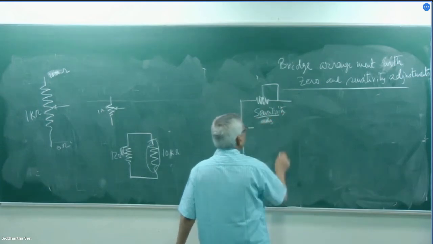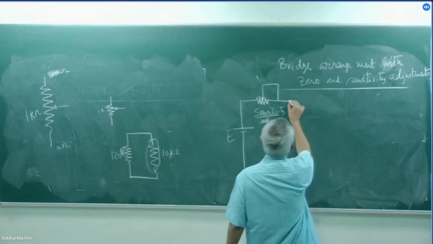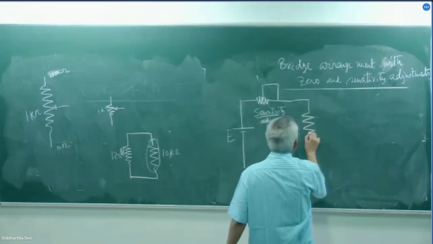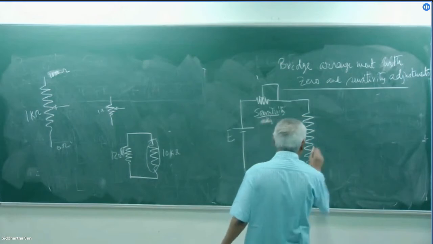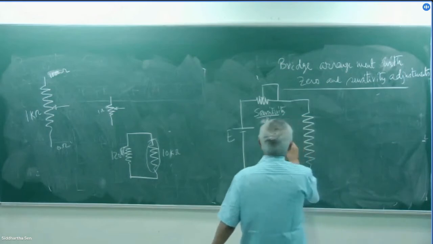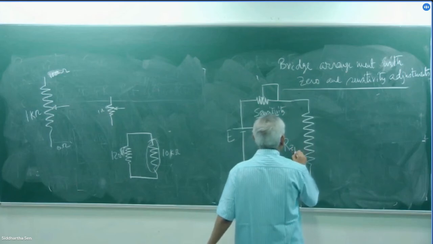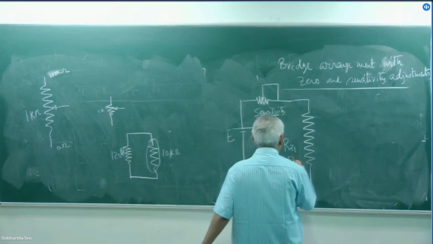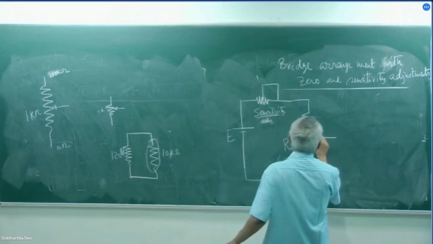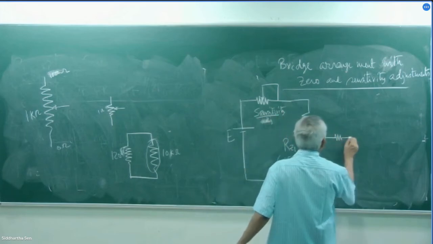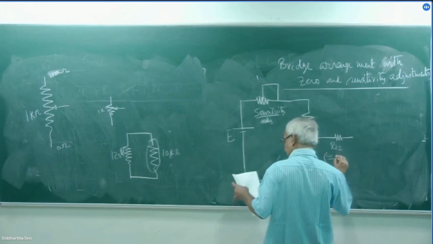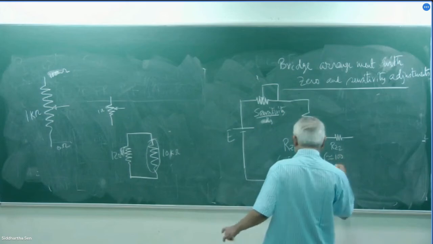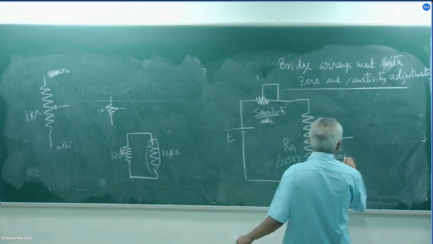This is obvious. Now, how to go for the zero adjustment? I suggest to make a larger resistance RZ1. This value is approximately 25 kilo ohm, and one is RZ2. Its value is approximately, say, 100 times R1.